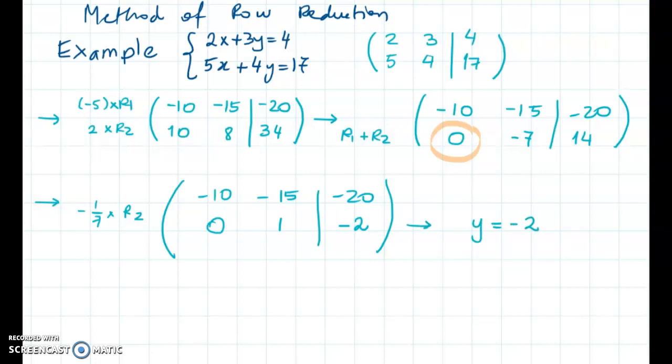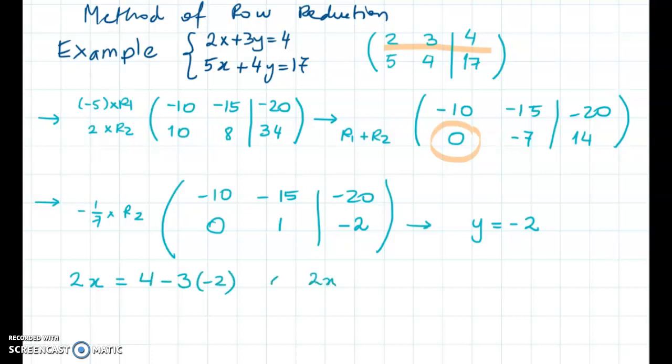And now that we know the value of y, we can go back to any equation we want that has a non-zero coefficient for x and find the value for x. In particular, I will choose to go back to the first original equation we have. So 2x is the same as 4 minus 3 times y, so minus 3 times negative 2.